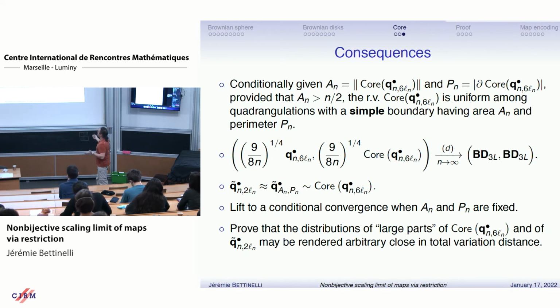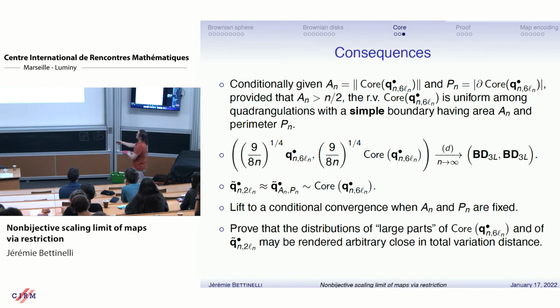Actually, we will not need it here. What I'm saying is that if I take now my simple quadrangulation, remember the tilde means simple boundary, with a fixed perimeter and area, then it's roughly the same as this one, because a_n is roughly n and t_n is roughly 2l_n, and this one has the same distribution as the core of a quadrangulation with a generic boundary.